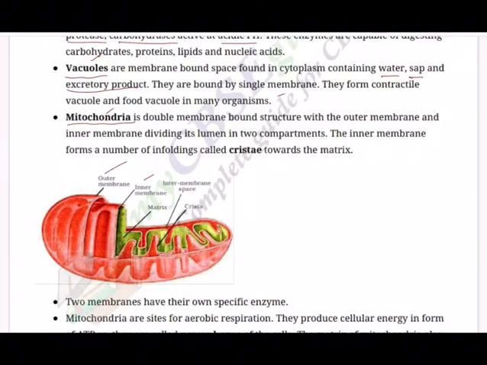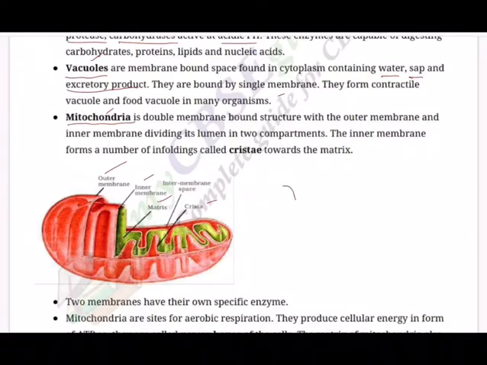So two layers are there, and as you are seeing in the diagram, the inner membrane has foldings internally, and these foldings form finger-like structures. These finger-like structures are called cristae, and the cristae will be floating in a fluid called the matrix.